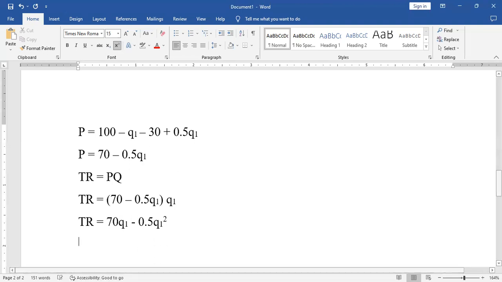Marginal revenue now. Marginal revenue will be equal to 70 here. 0.5 multiplied by that would be 0.5 multiplied by 2, that would be 1. So we'll have 1 Q1.